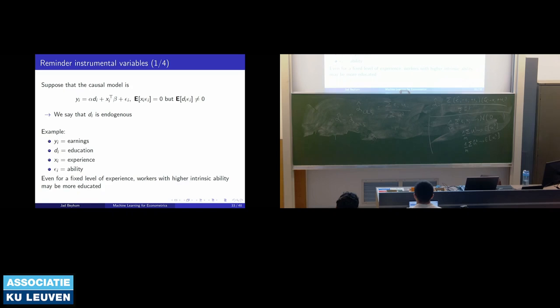Ability is a very complex thing. So I could still believe that even with a lot of variables in X, my epsilon_i will still be correlated a little bit with my education. If that happens, we say D_i is endogenous. In that example, it just means that even for a fixed level of experience, workers with higher intrinsic ability may be more educated.